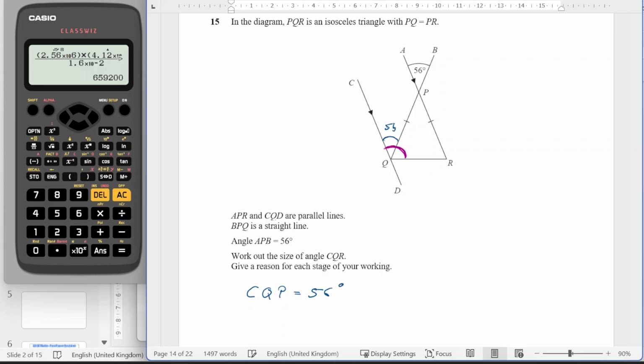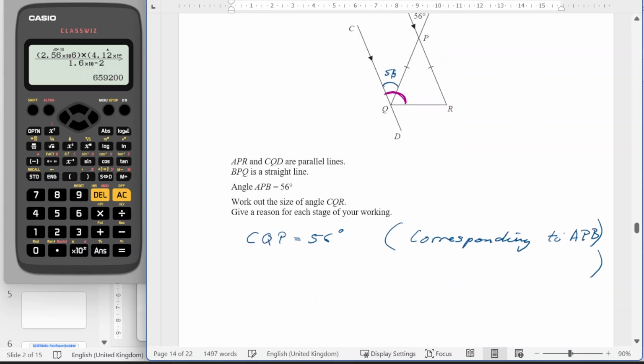I didn't make that 6 very clear. And the reason is that it is corresponding to APB. My pen's running low. So corresponding to APB.